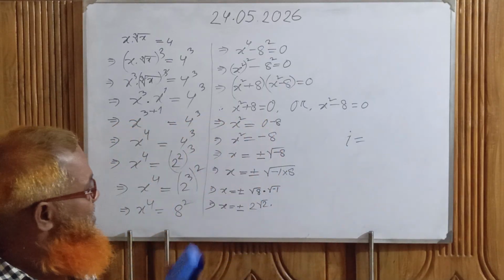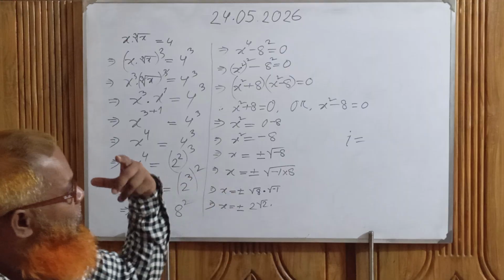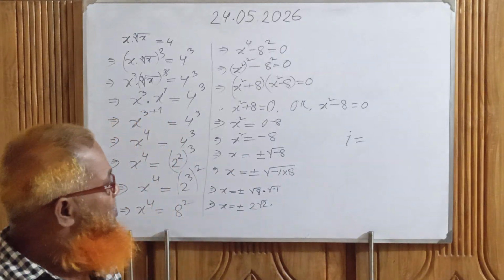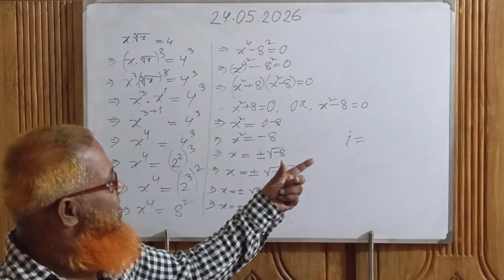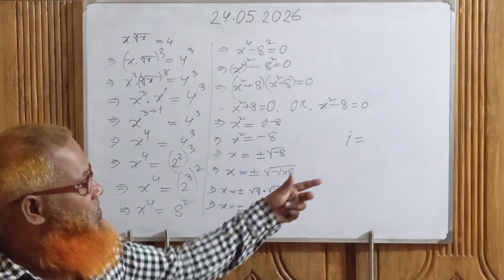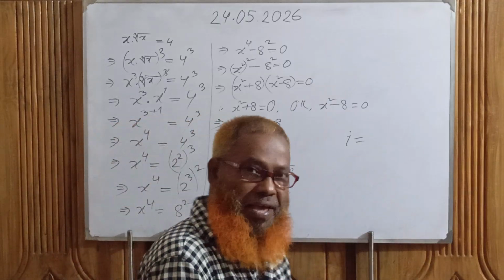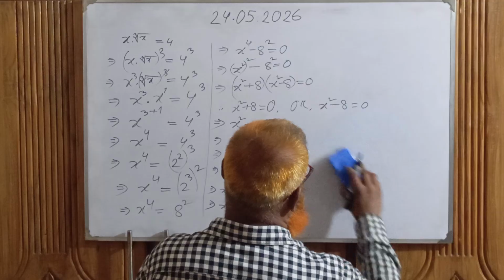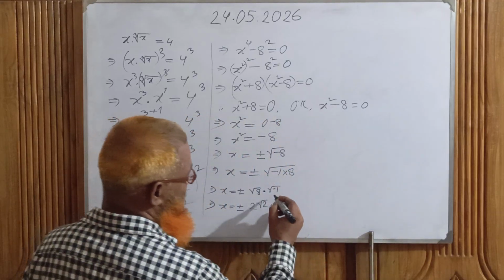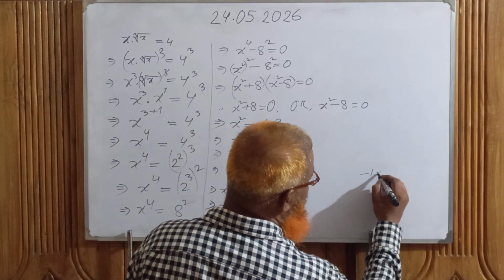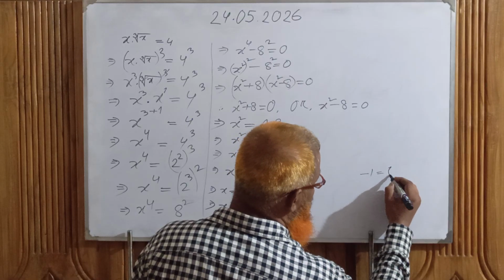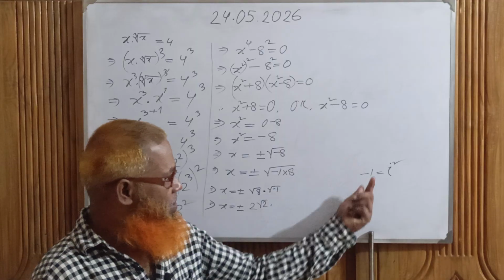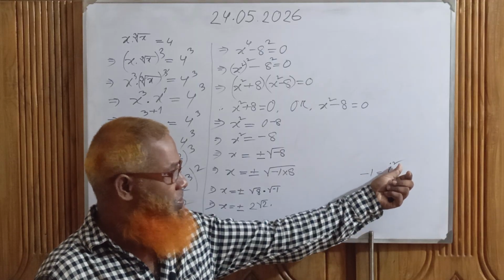It is not a real solution of this equation, but it makes the complex number. So minus 1 equals the imaginary unit square. Minus 1 equals imaginary unit square.